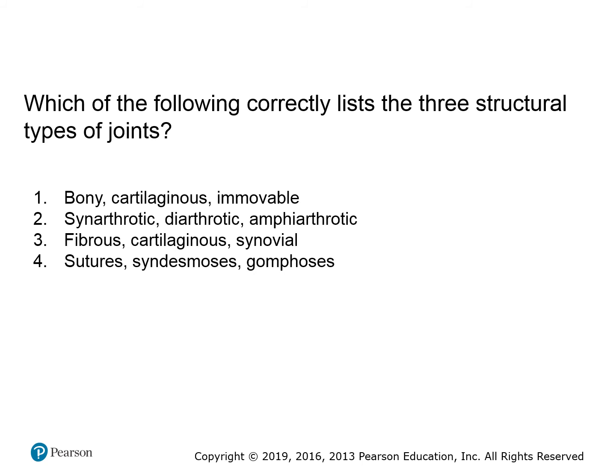Or number 4, sutures, syndesmoses, gomphoses. Fibrous, cartilaginous, and synovial would be correct. Now, if you were getting ready to say number 2, synarthrotic, diarthrotic, amphiarthrotic, those would be the functional classifications of joints. This question is asking about the structural types.